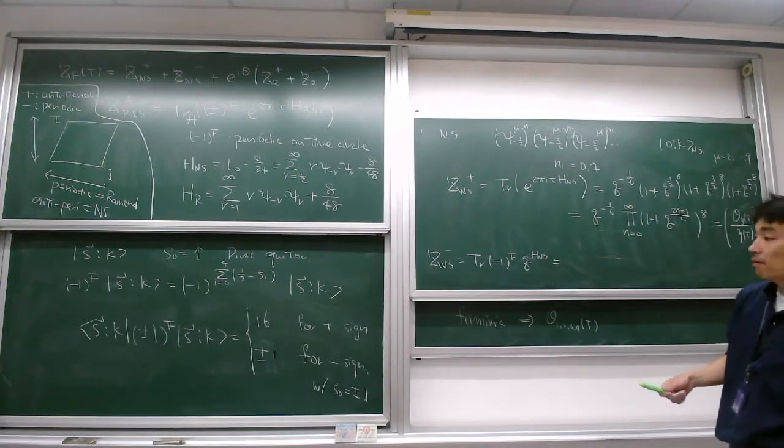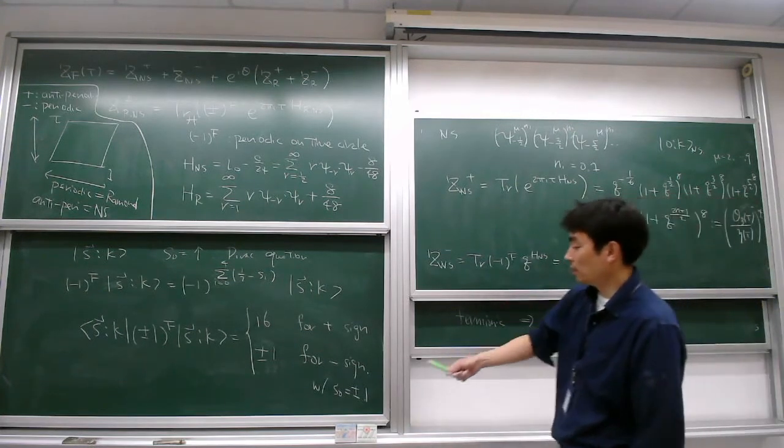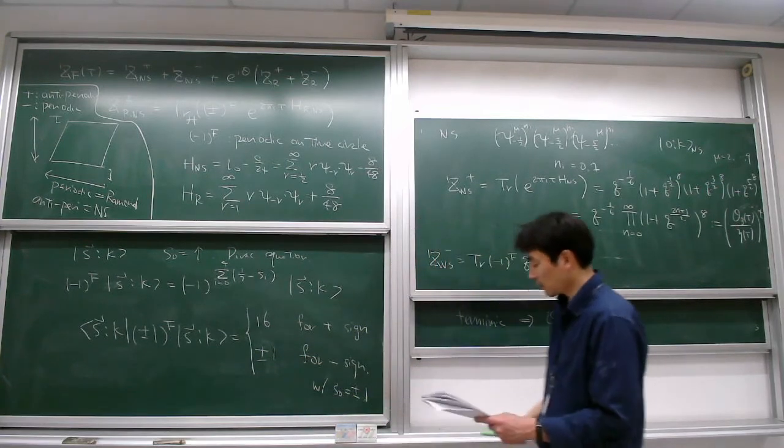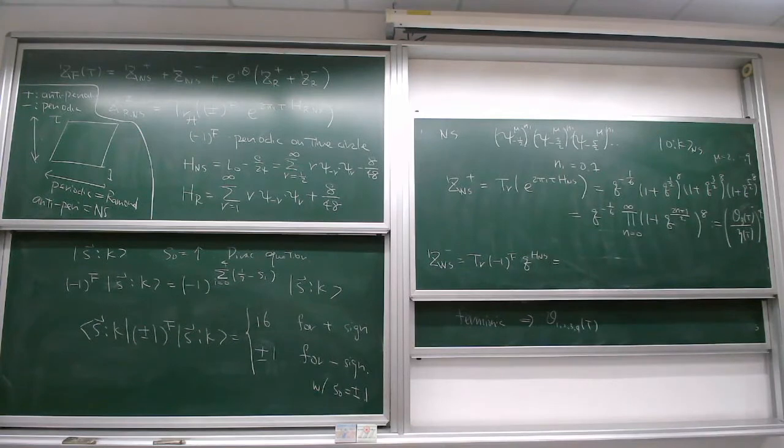So you have to be careful about this plus minus sign. Depending on plus minus sign really comes from S plus R, S naught. Sorry, this is the Neveu-Schwarz, so you don't need to worry about plus minus sign.